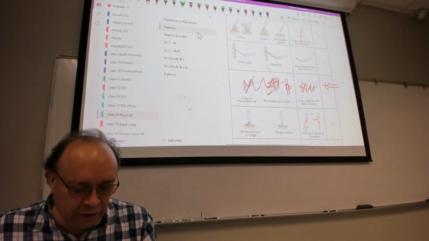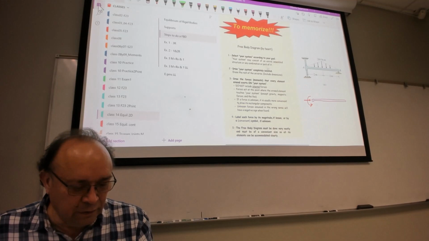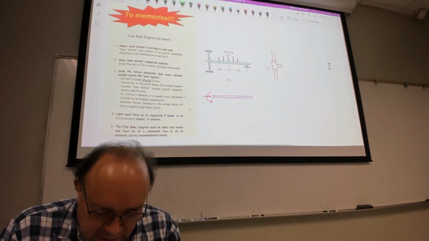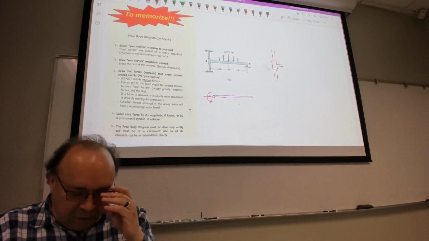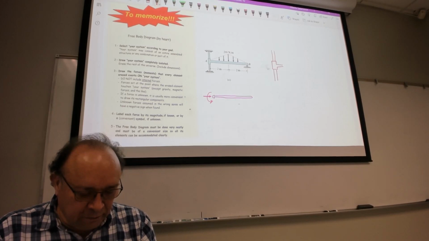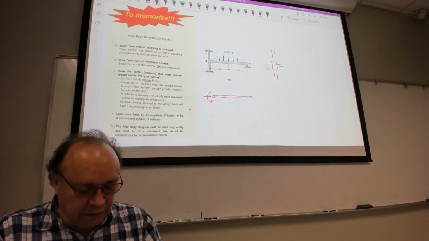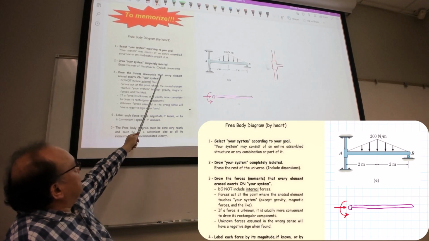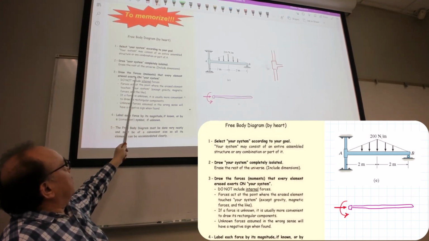Let's continue with the analysis here. So we replace the support A by the forces. It says here, draw the forces and moments that every element exerts on it. Okay, we did that for this.